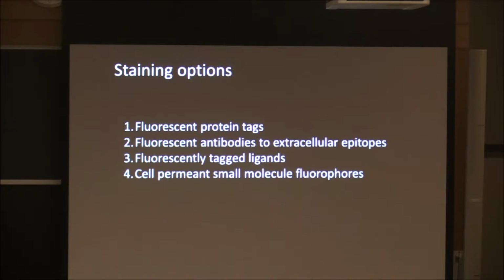You can still use fluorescent antibodies if you have an extracellular epitope, or if you're looking for something in the vasculature or in the bloodstream. You can also fluorescently tag ligands, so if you have a specific ligand that binds a specific receptor, something like EGF, you can stick a fluorescent tag directly onto that. And you can also use certain cell permeable small molecule dyes, so some of the DNA stains that are able to pass right through the membrane.